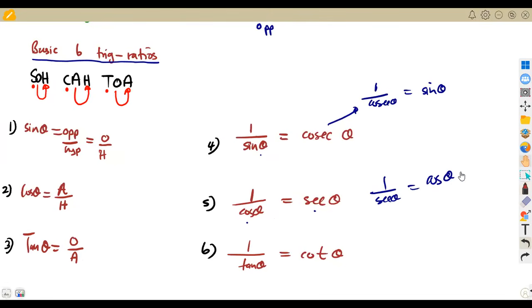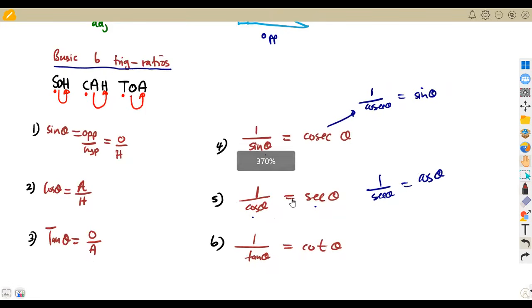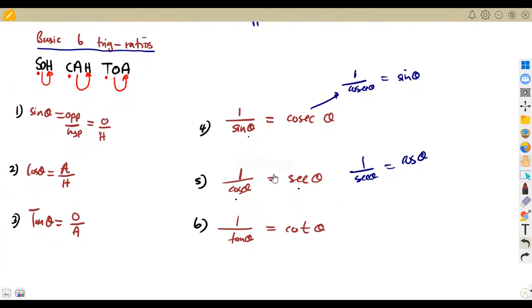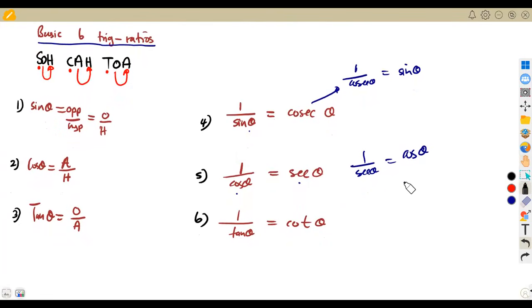And also you need to understand that the tan of theta can be written as the sine of theta over the cosine of theta. So we are saying it's sine over cos.